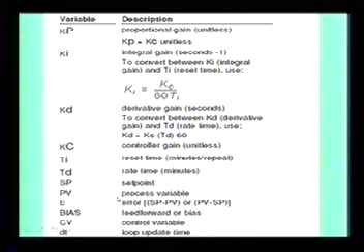PV is your process variable. E is your error, and it's based off of SP minus PV, your set point minus your process variable, or your process variable minus your set point. And then your bias is your feed forward or bias condition. And then your control variable is what you're sending out of the PID. And then you've got your loop update time, DT.